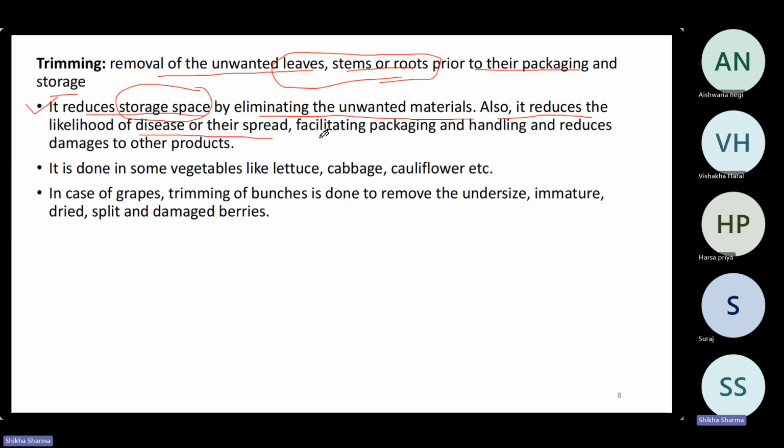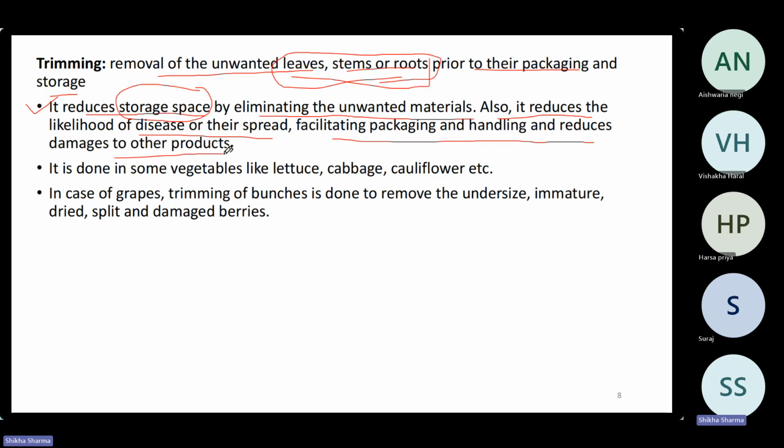If we are doing trimming, all the other parts will be removed, so microbial contamination and disease spread will be a little lesser. It also facilitates packaging and handling and reduces damage to other products. If the unwanted leaves and stems are removed, we need less storage space to store the food products.